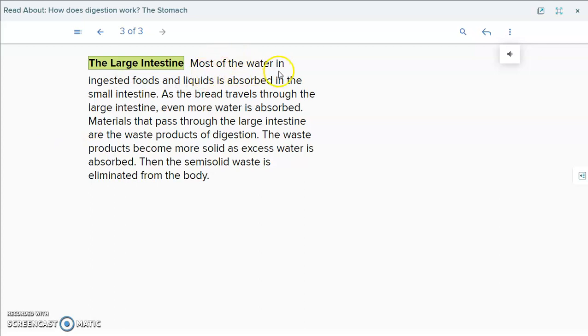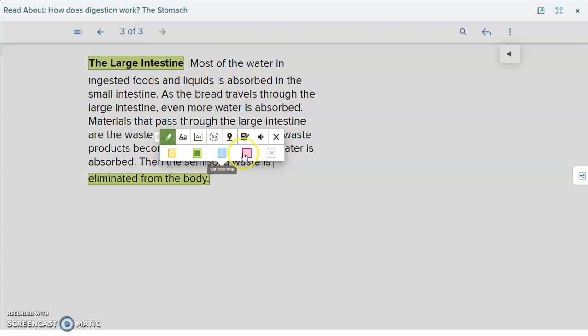Most of the water in the digested foods and liquids is absorbed in the small intestine. We have learned this. Actually, more water is going to be absorbed in the large intestine. After that, the waste or the remains of the digested food is going to stay in the large intestine, and then it's going to be eliminated from your body.